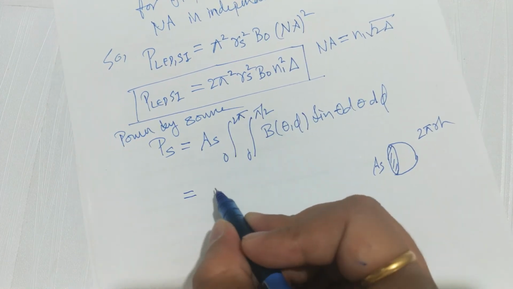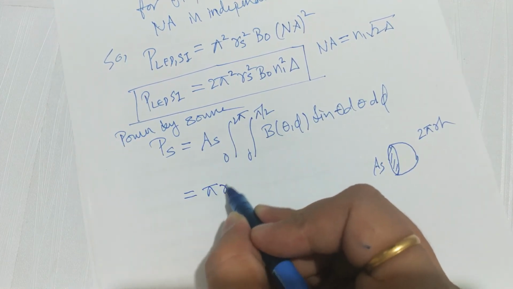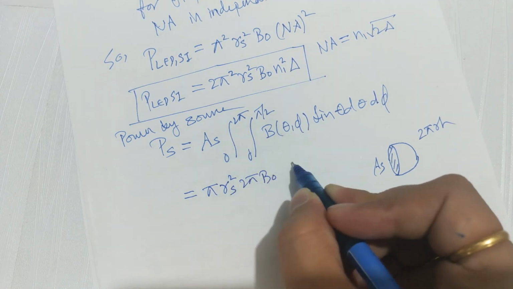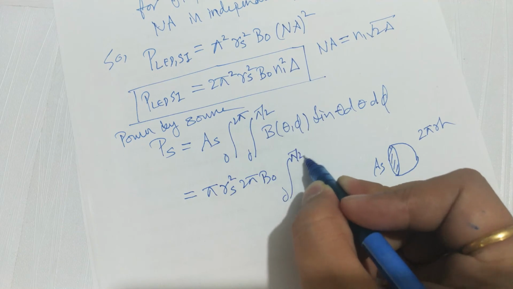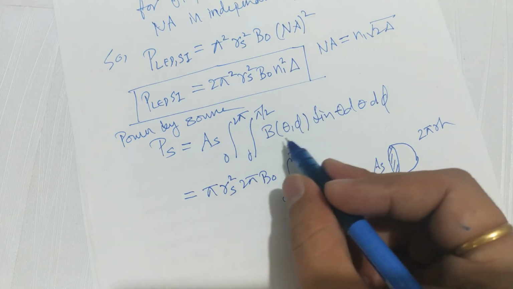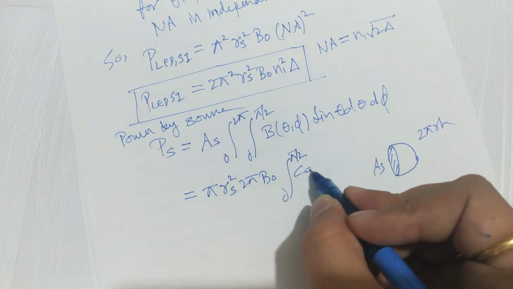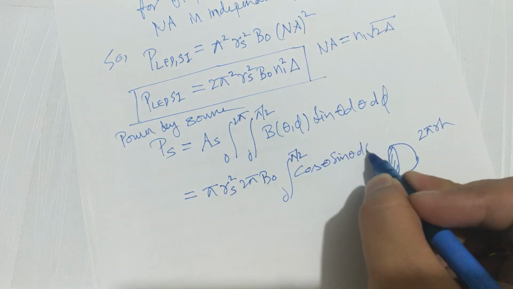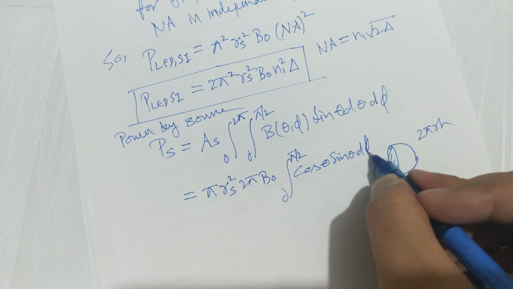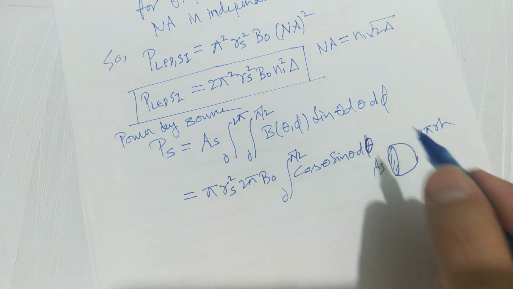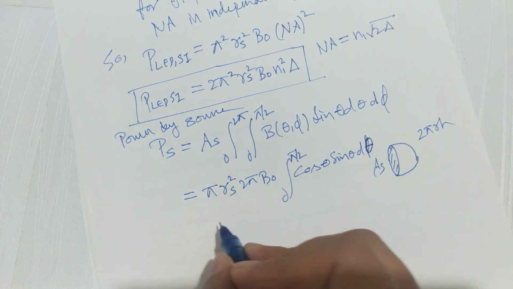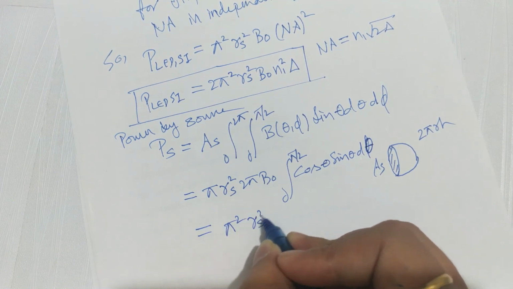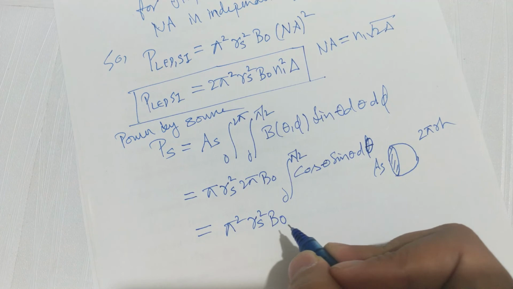So on solving we get pi r_s square times 2 pi B_0, integral 0 to pi by 2 of cos theta sin theta d theta, because we have solved for d phi, and we get pi square r_s square B_0.